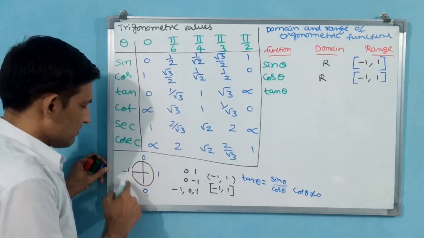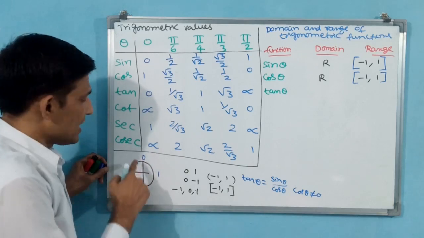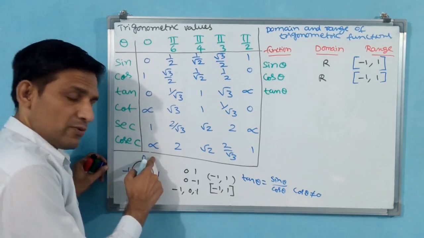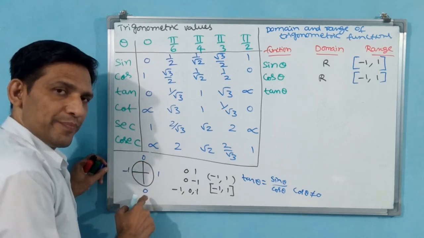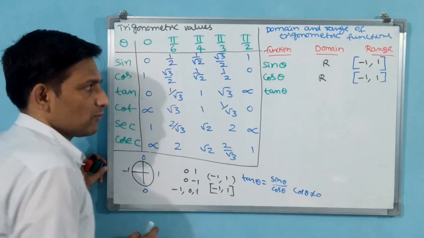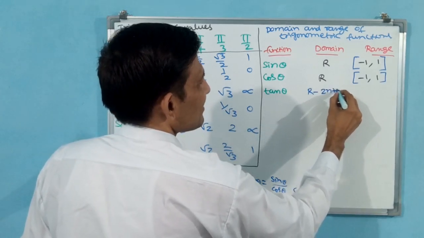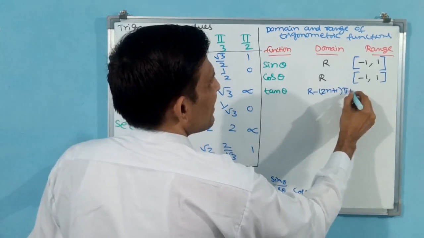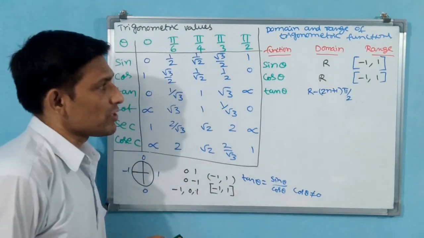Cos theta is becoming 0 in these two areas. What are these two areas? 4n plus 1 pi by 2, 4n plus 3 pi by 2. But if you combine these two, 2n plus 1 pi by 2. Yes, you write R minus 2n plus 1 pi by 2.